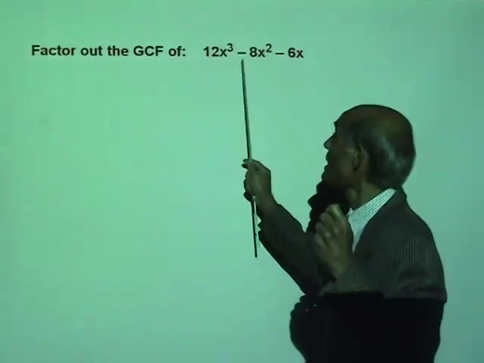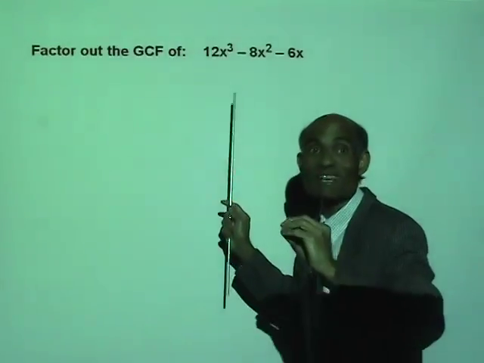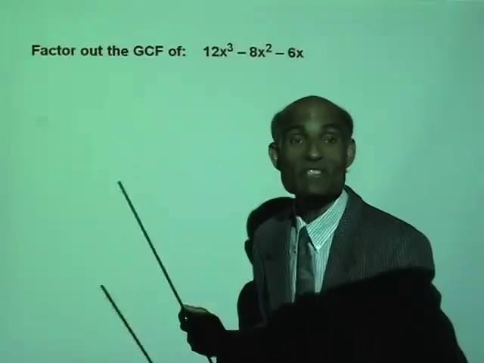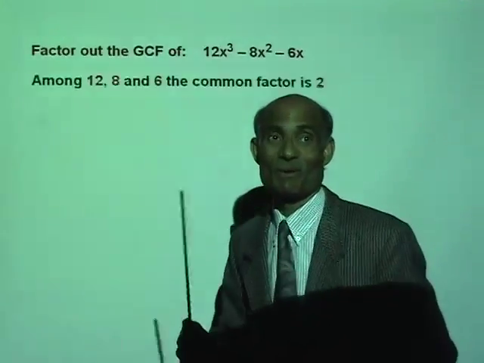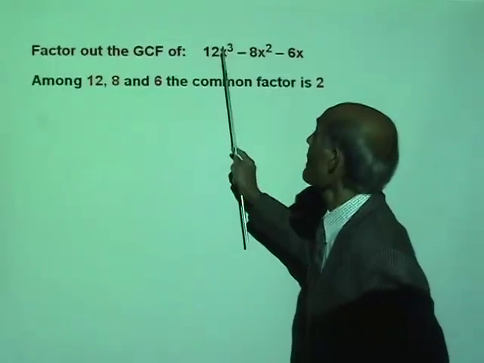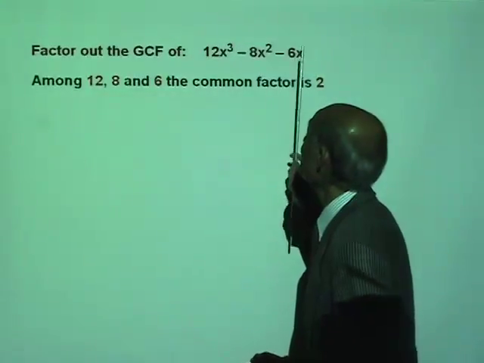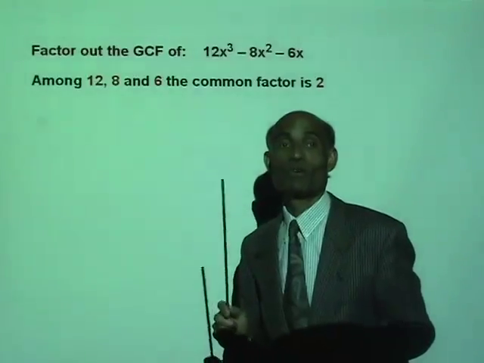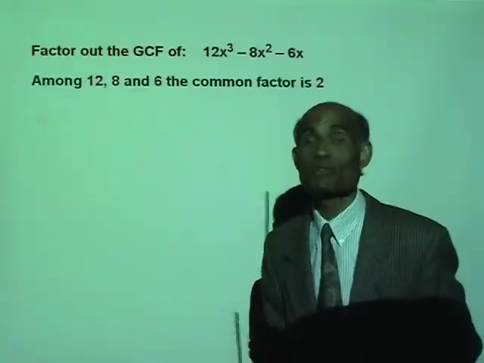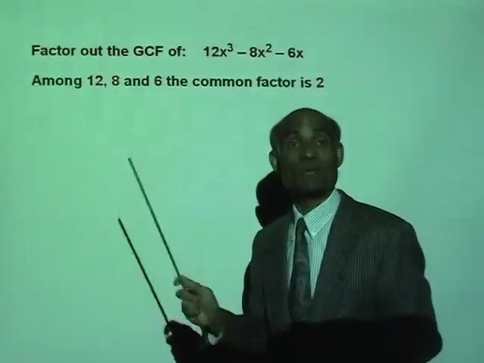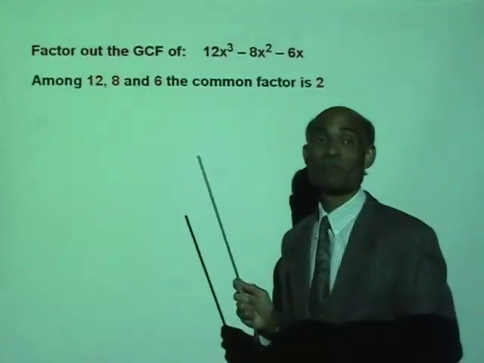The second term is minus 8x squared. The third term is minus 6x. Alright? First, look at the numbers. 12, 8, and 6. What is the common factor in 12, 8, and 6? Well, the common factor is 2 there.